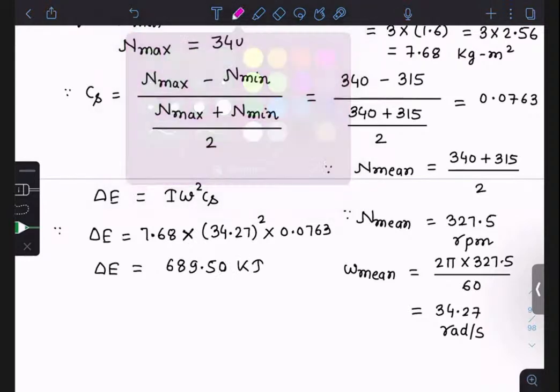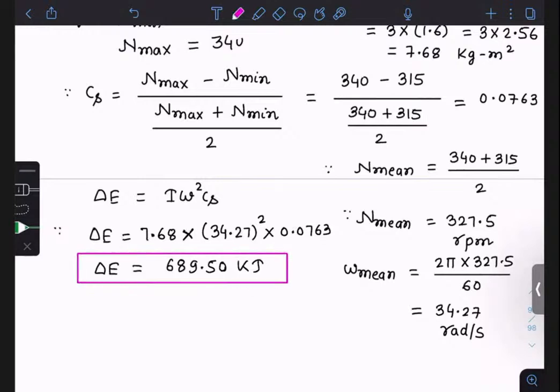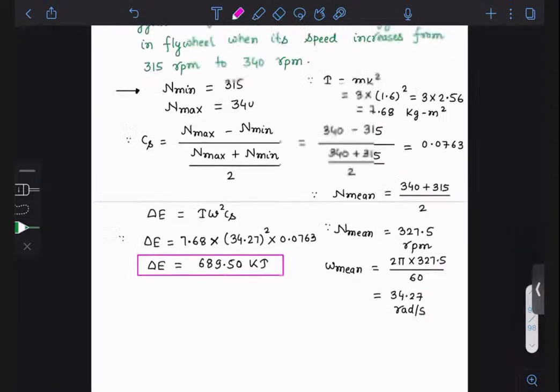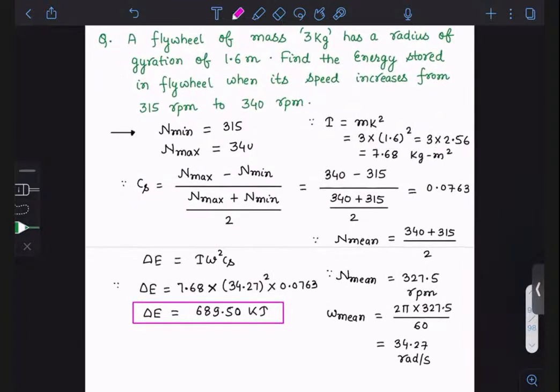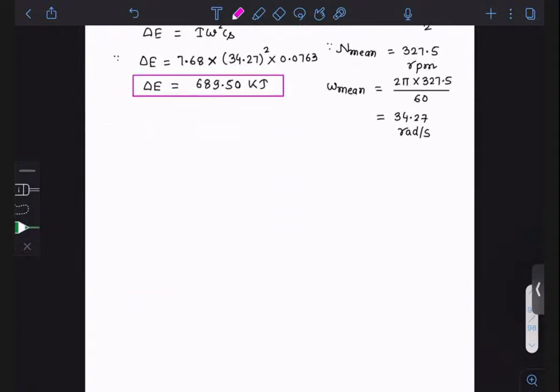The right answer? Correct, everyone? This is the right answer, okay? Absolutely right answer it is. Next problem, guys, I am going to give you.